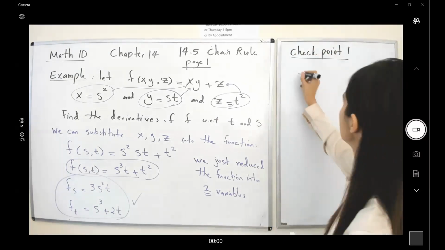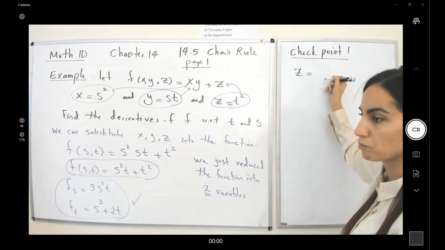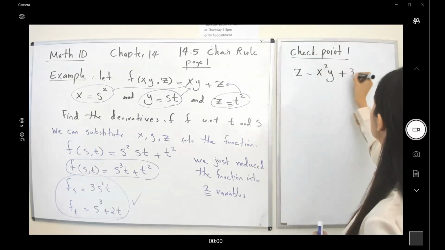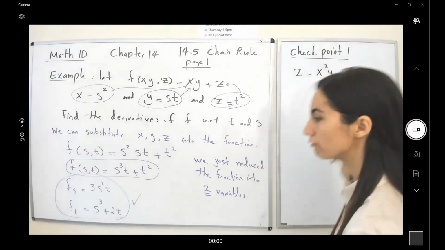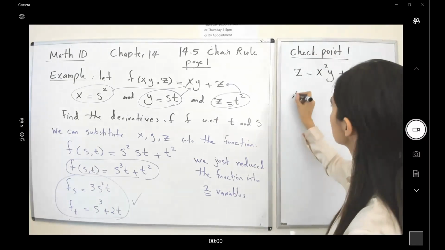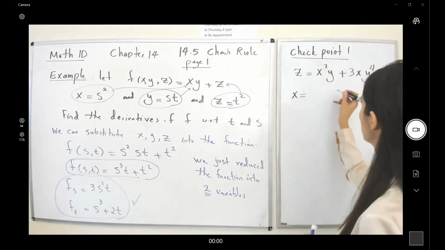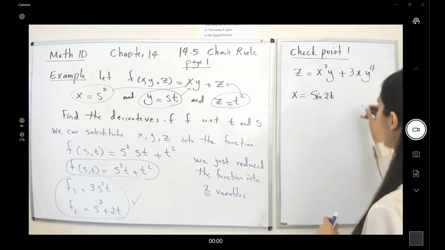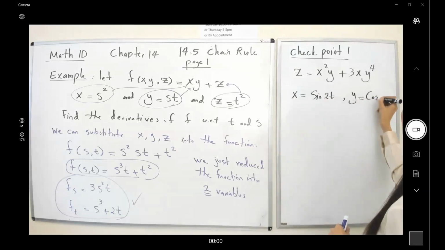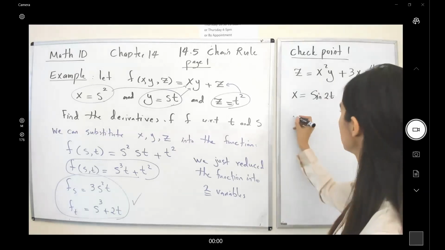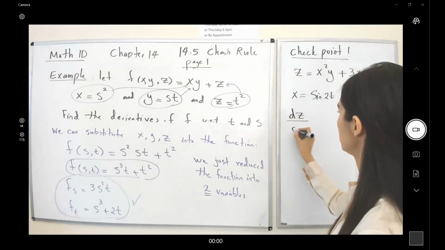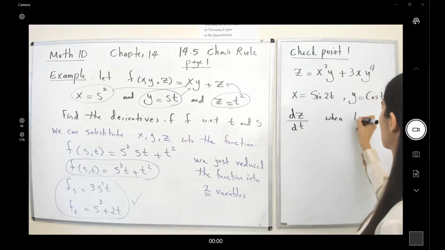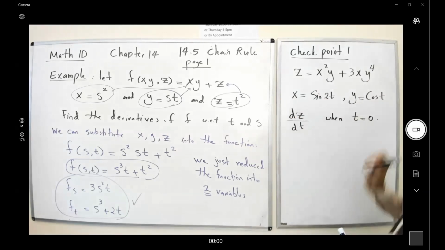Here you have z given as x squared y plus 3x y to the 4, and x is given as sine 2t, and y is cosine t. Question says, find dz dt, the derivative of the function with respect to t, when t is equal to 0.